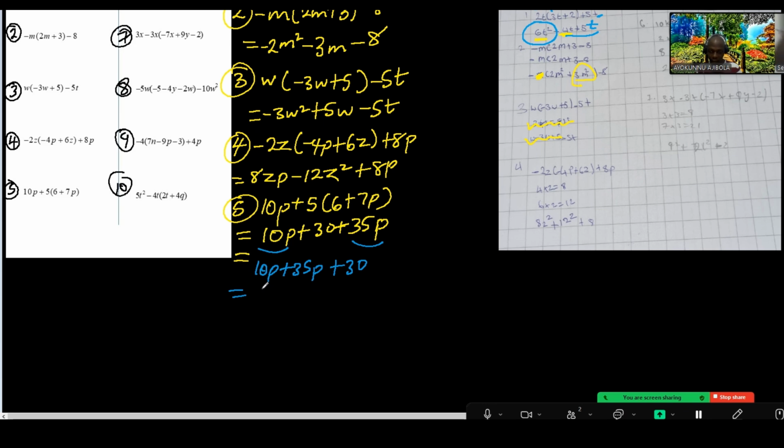10p plus 35p. It's going to give you what?